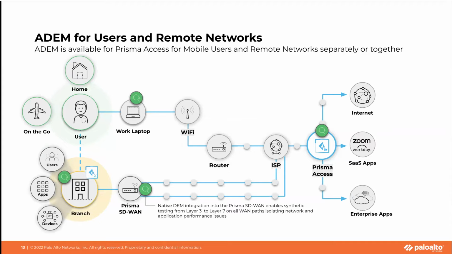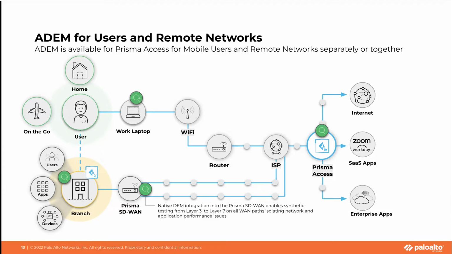And similarly, for ADEM for remote networks, it provides a path and performance visibility with the segment-wise insights into not just users, but all applications used by the devices in every branch.